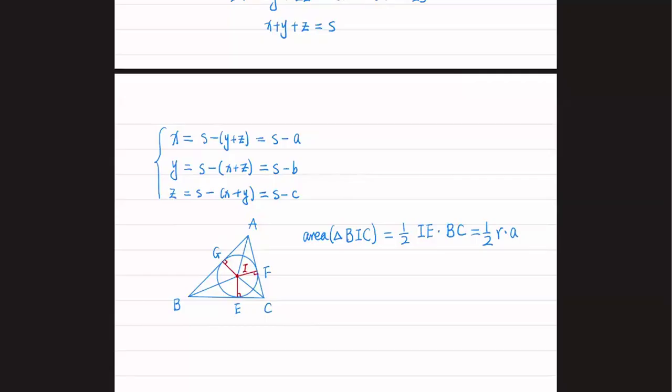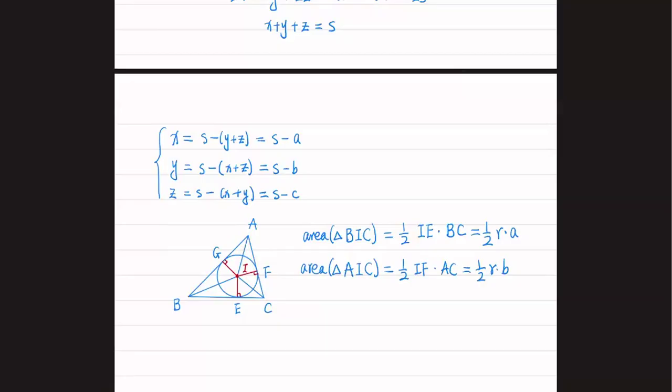Okay, now let's move to the next area. Triangle AIC. I'm going to check with Kira. Could you give me the area of this triangle? 1/2 of IF times AC, which is 1/2 R times B. Okay, nice.